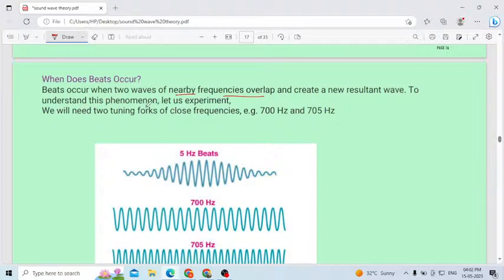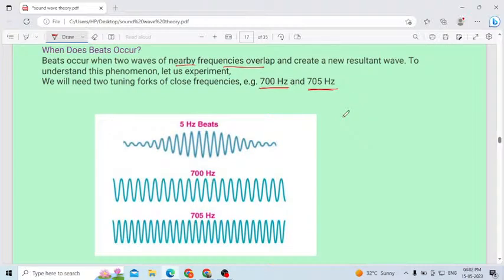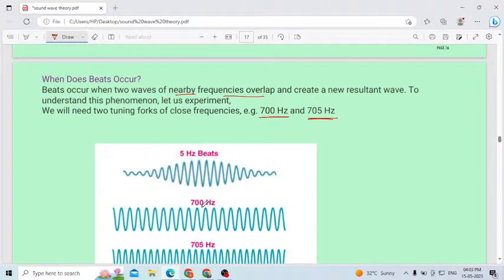To understand this phenomenon, let us consider an experiment. We will need two tuning forks of close frequency.